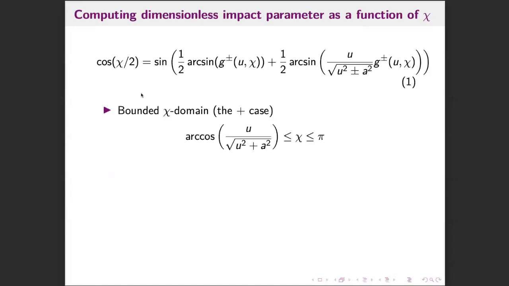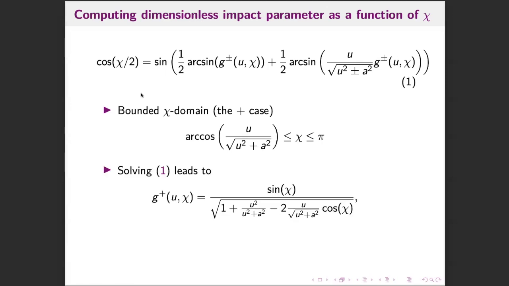So the domain is bounded, so not every scattering angle is possible. Whereas for ordinary collisions, you can get the full domain from 0 to pi. This is the lower bound, because you can see this g only goes to 1, so then that will max it. This is the solution to this problem.